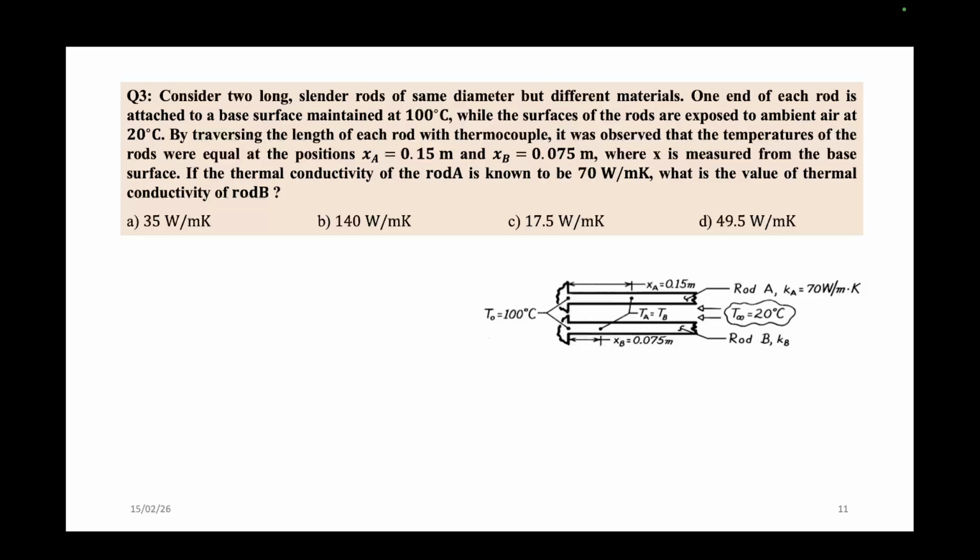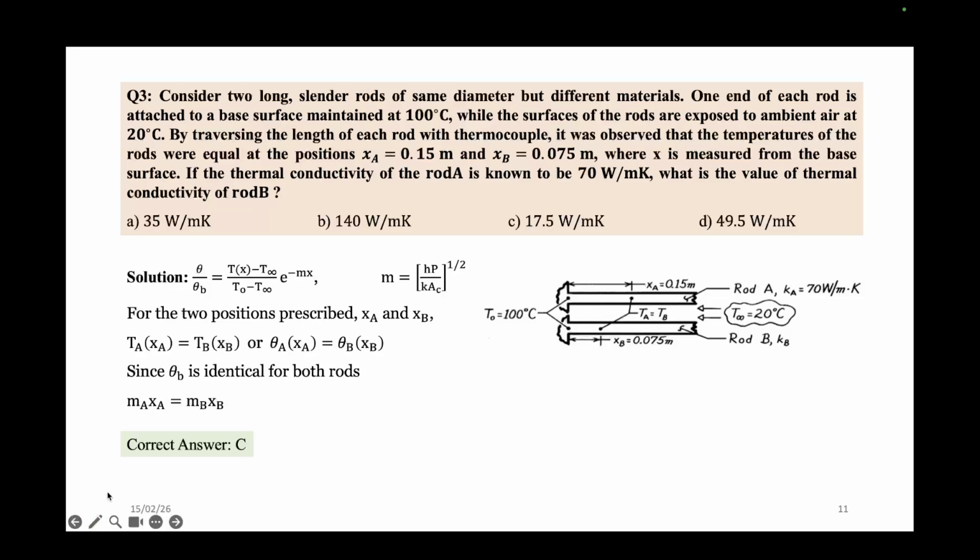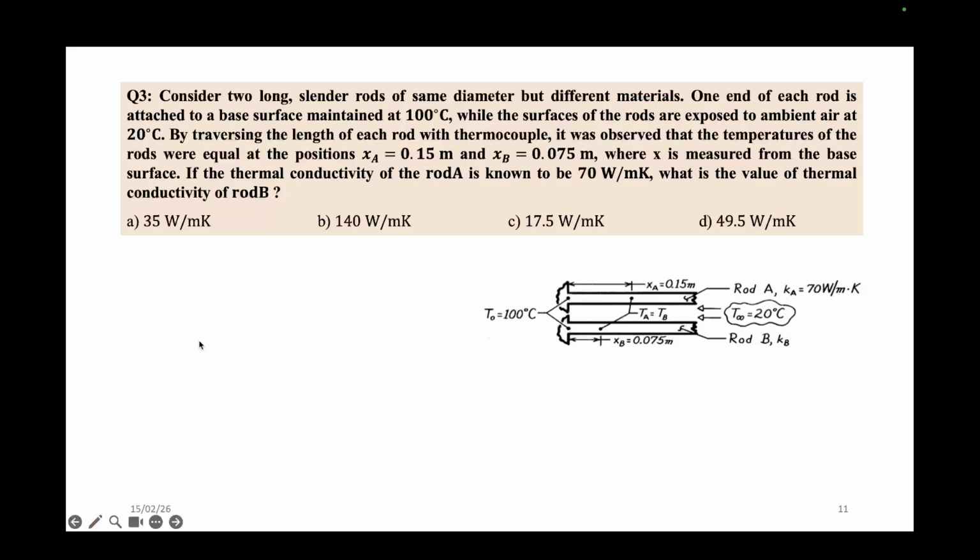But maybe similar question, maybe. Okay. Huh. Hmm. Yes, yes. Hardly there is repetition of question. Okay. Hmm. Okay. Just a minute.